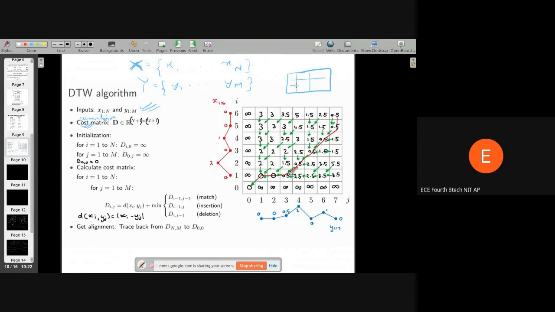They have not drawn it. I have drawn it because I think it makes it easier. But this is what is happening. Length is 7 for one sequence, and the other is 6. And here, finding a path from 0, 0 to the last.